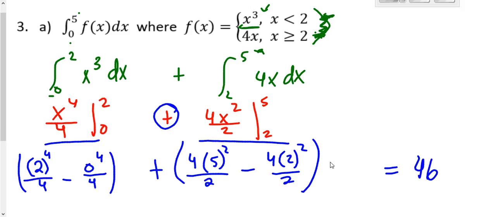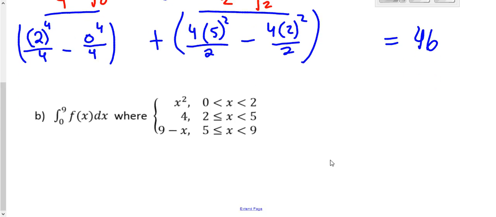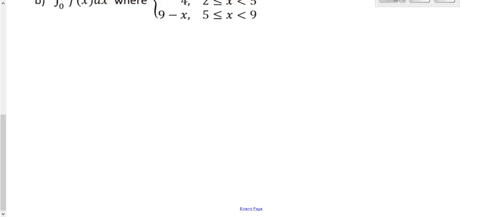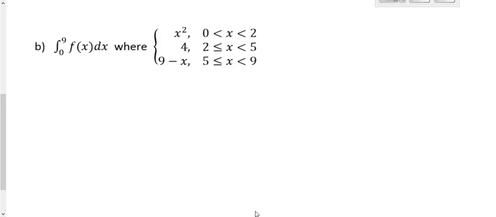Okay, so now let's look at the second part of 3. Another piecewise function, more practice with this. Okay, this time we are looking from 0 to 9, and we have 3 parts. That means we're going to have 3 separate integrals. Okay, so we know from 0 to 2, so one of our integrals is going to be 0 to 2, because we need to start at 0 and go to 9.